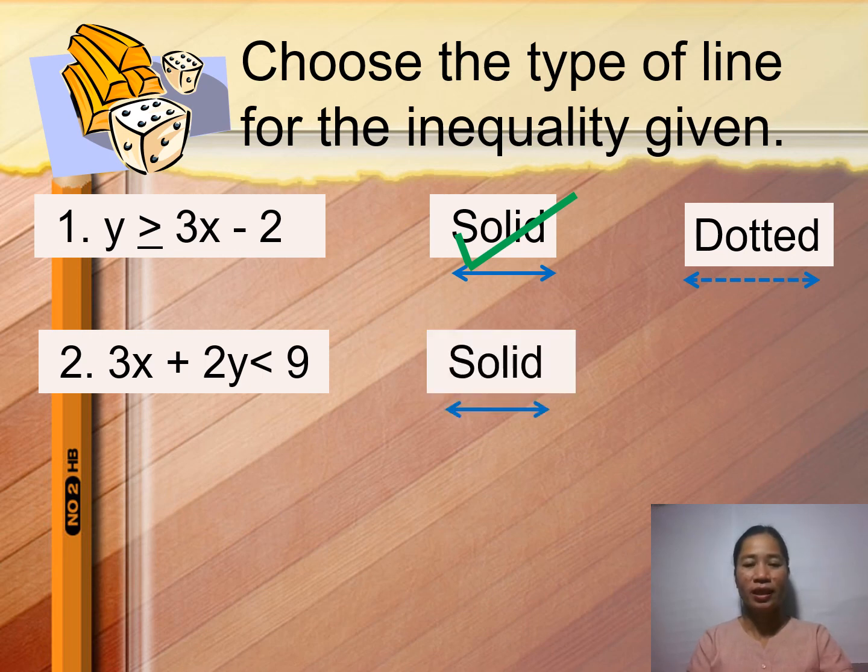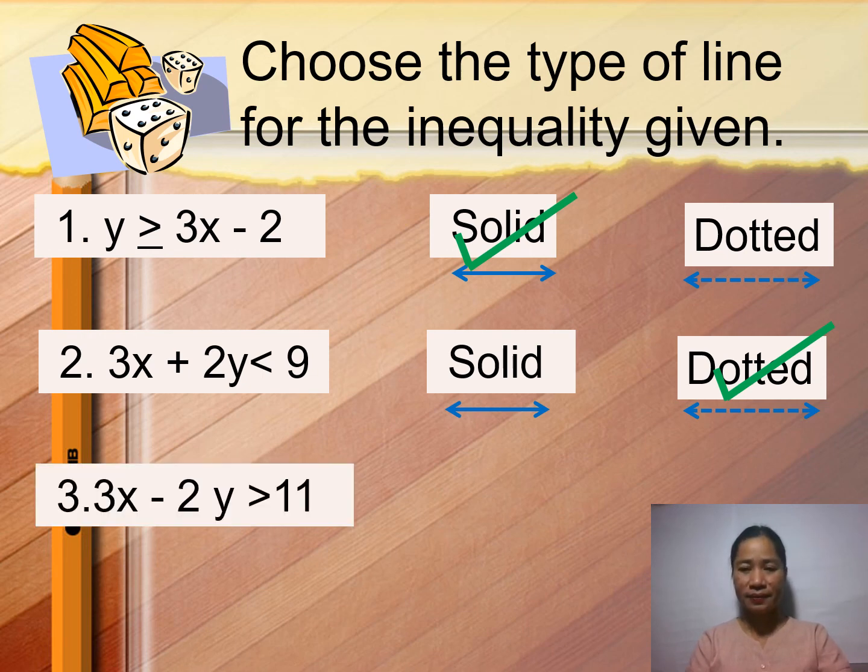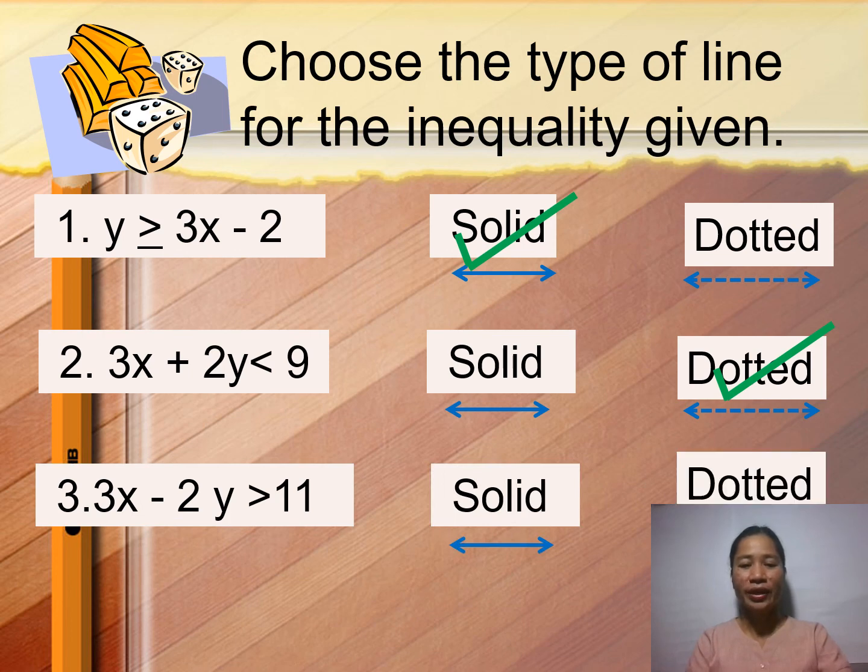Is it a solid line or a dotted line? Okay, the answer is a dotted line because our symbol is less than. Next, 3x minus 2y is greater than 11. Is it a solid line or a dotted line? So the answer is dotted line.